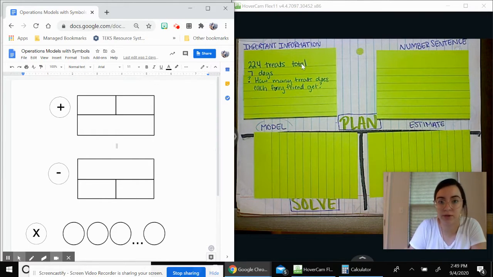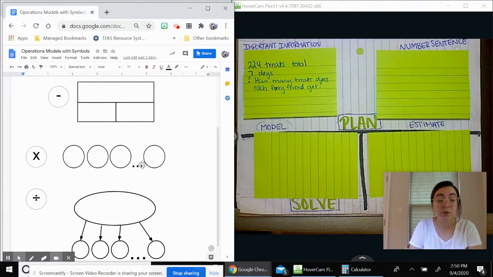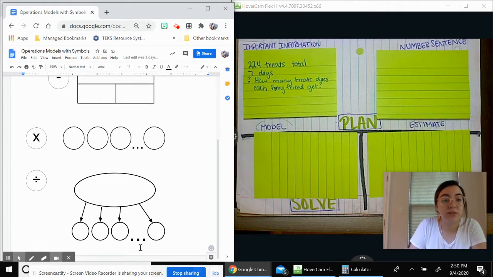Because I know my total, 224 treats, I'm not going to use addition and I'm not going to use multiplication, because both of those operations combine things to create a total. Since we're starting with a total, it can either be subtraction or division. And because I want each furry friend to get the same amount, we have equal groups, so we are going to use division.